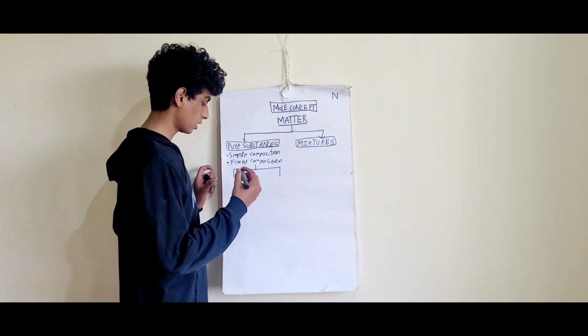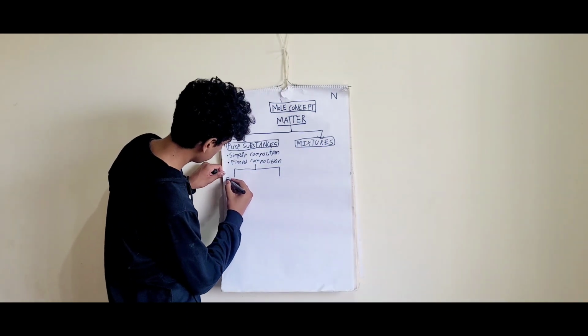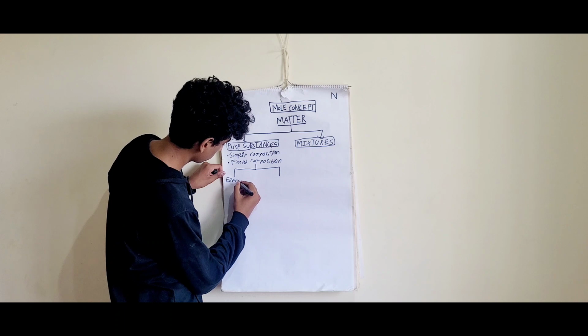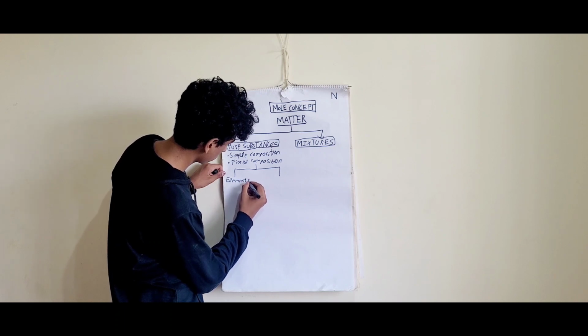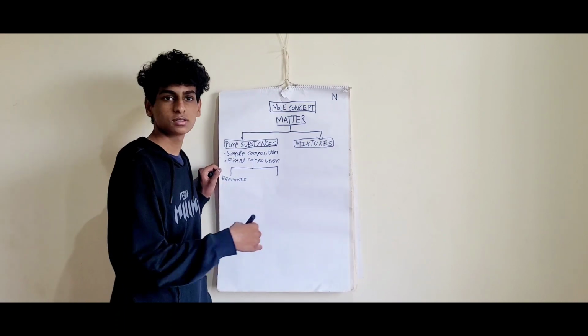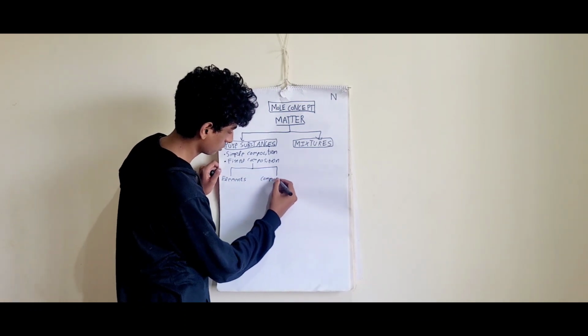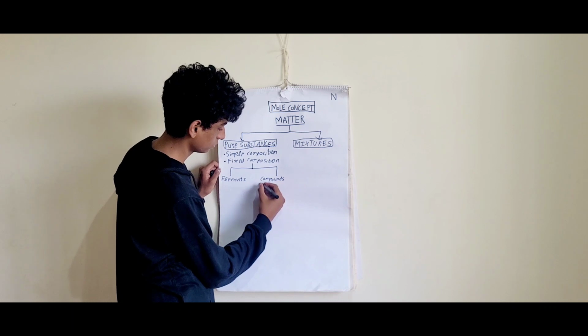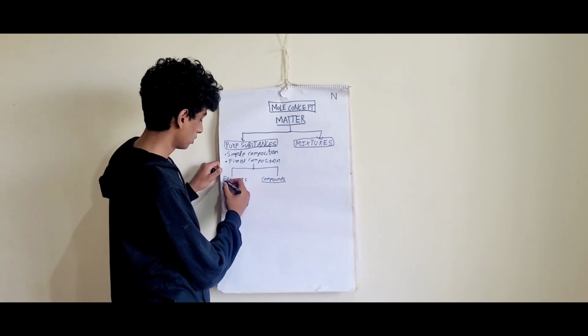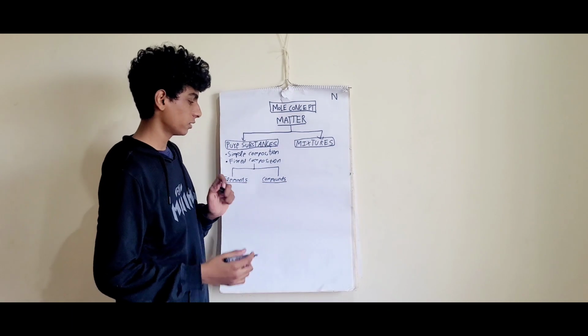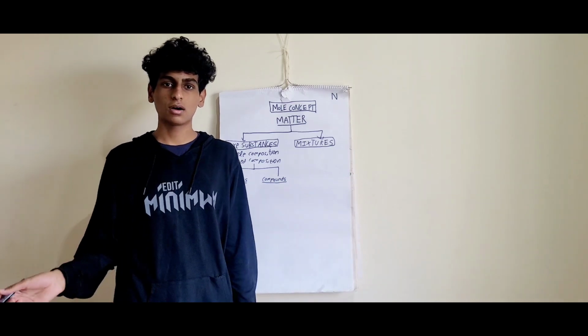So those two types are elements, and the second type is compounds. So these are divided into two types, that are elements and compounds.